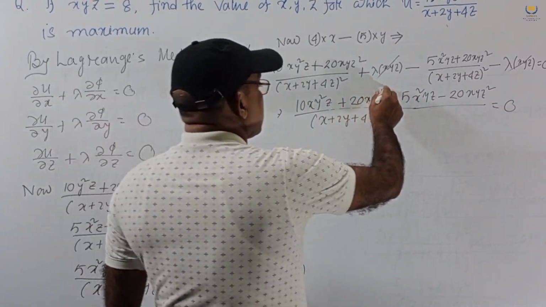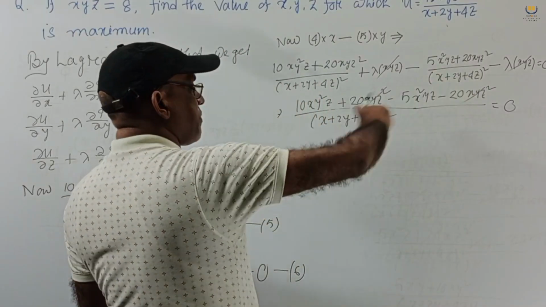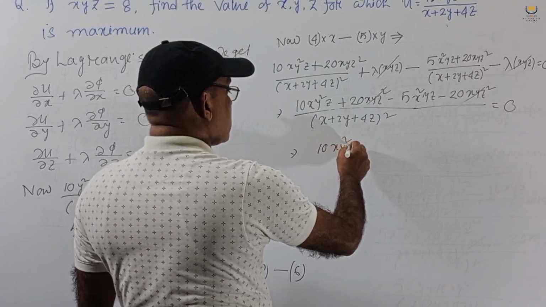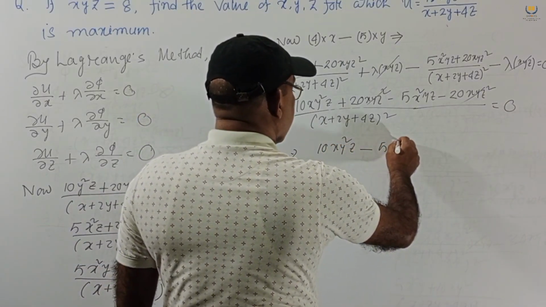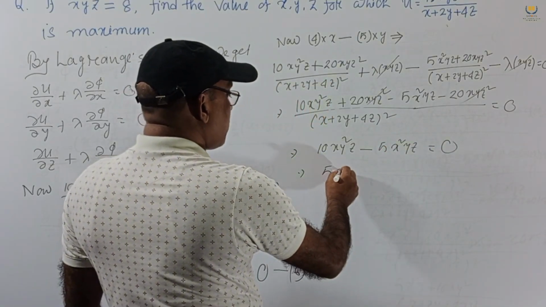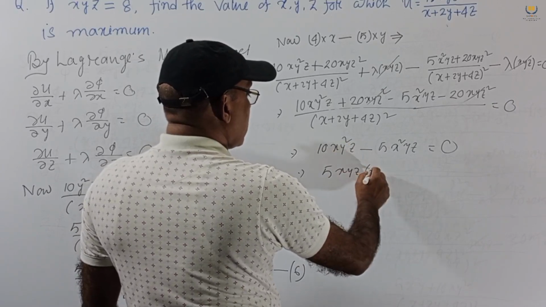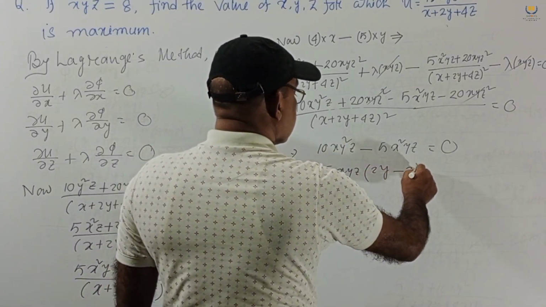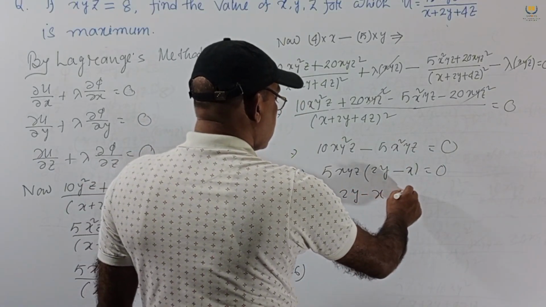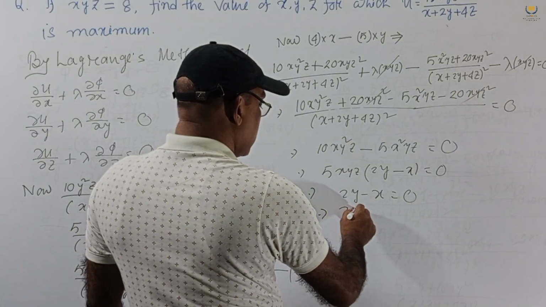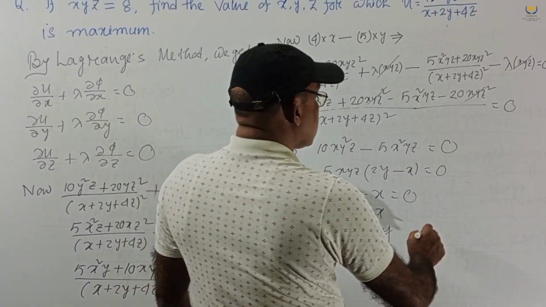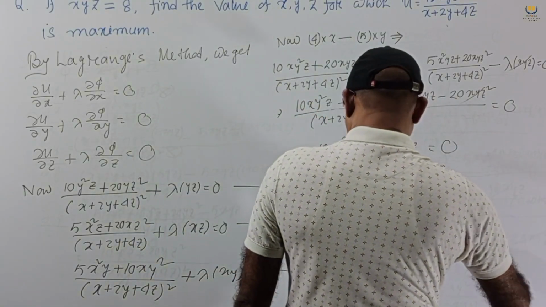These two are like terms and cancel, and ultimately we get 10xy²z − 5x²yz = 0. Taking 5xyz common, we get 2y − x = 0, which implies 2y = x, or x = 2y. This is equation 7.